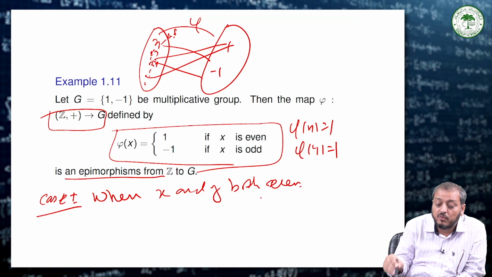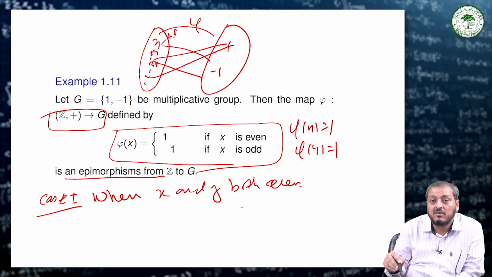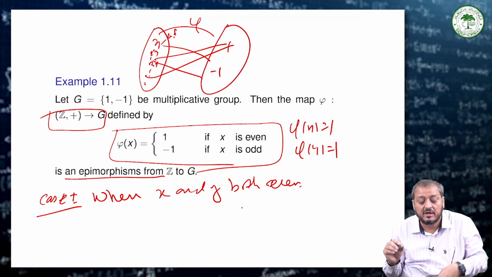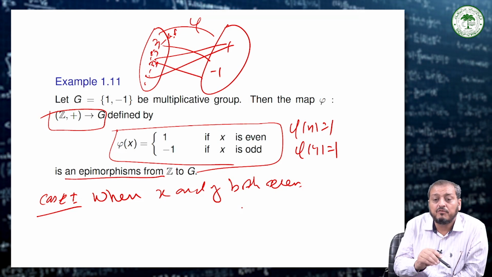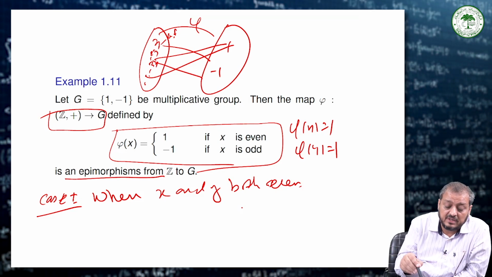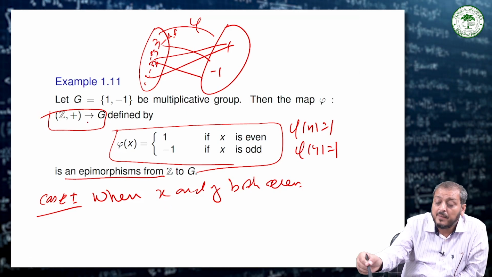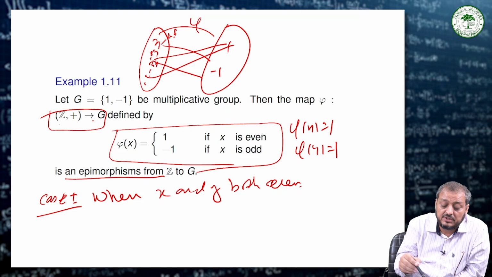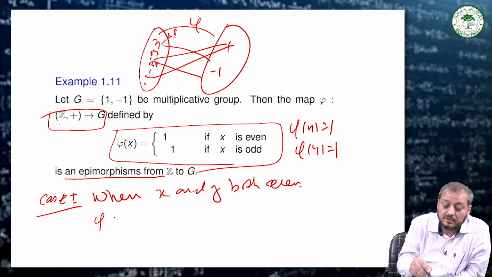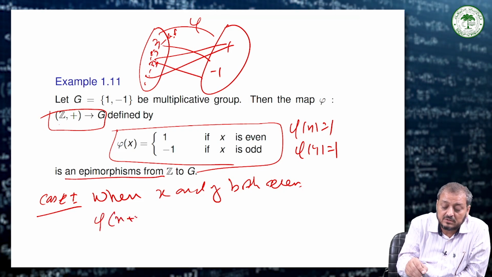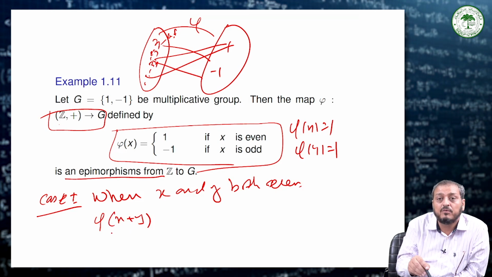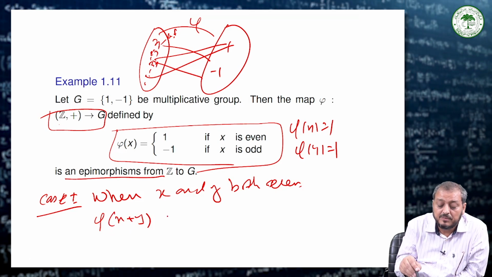So take both x and y even. Because the map is defined from Z to G, we take phi of x plus y. You know that x is even and y is even, so the sum is also even.